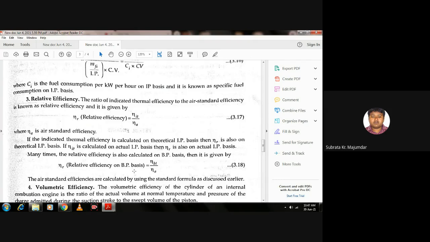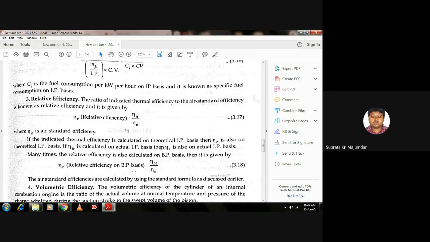Mathematically, eta_R equals eta_IT divided by eta_A. What is eta_A? Eta_A stands for the air standard efficiency.